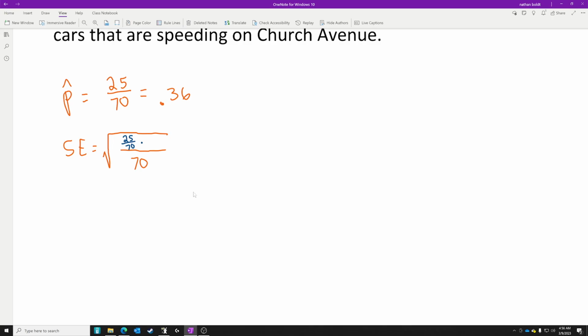So sometimes you'll see this written as, what was that, 45 out of 70? All right, so yeah, 45 and 25 make 70, right? Yeah. The book writes it that way sometimes. I'm hoping you can see that that is p and 1 minus p. But then you can type that in and get your standard error.